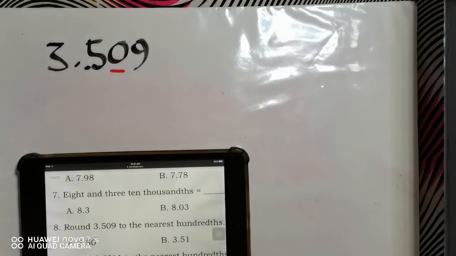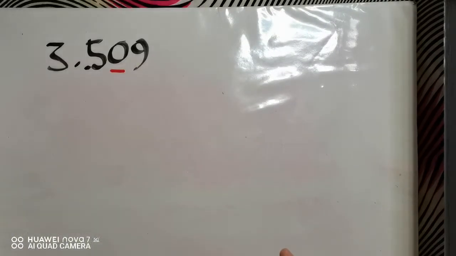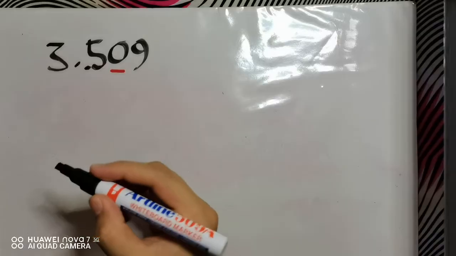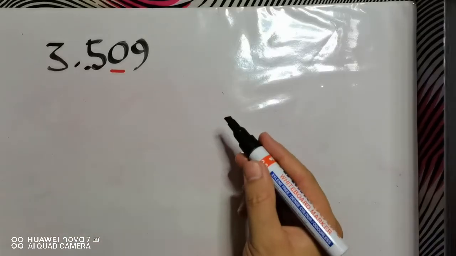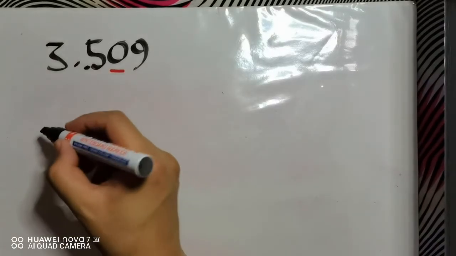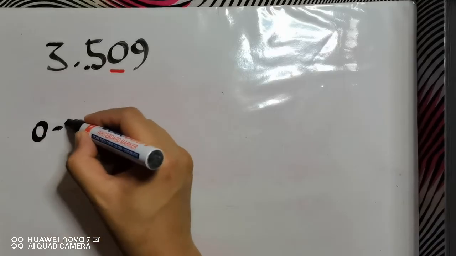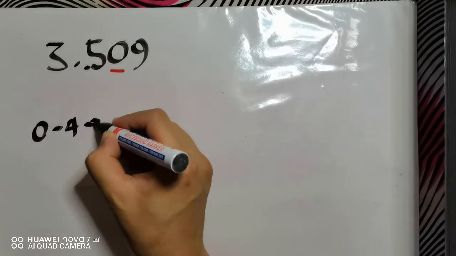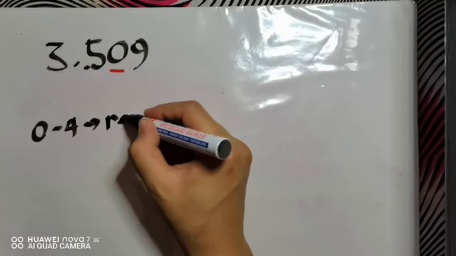Okay? So, balikan natin yung rules in rounding numbers. How do you round numbers ba? Now, there are two rules in rounding numbers. First rule, kapag ang number na nasa right ng number na i-round ay 0 hanggang 4, retain the number.